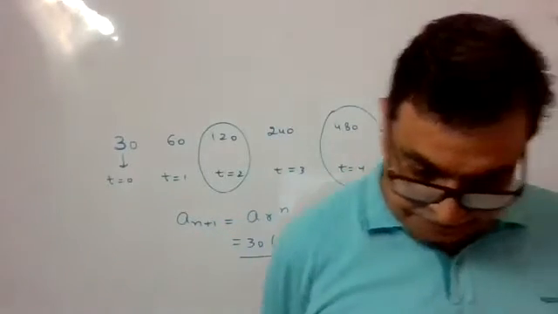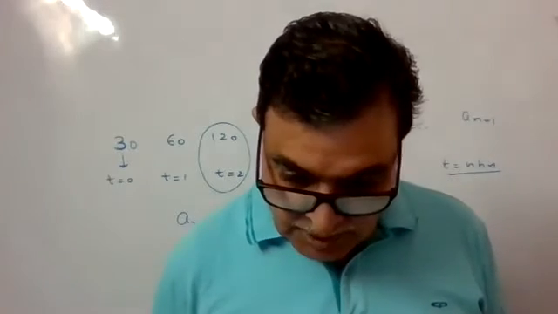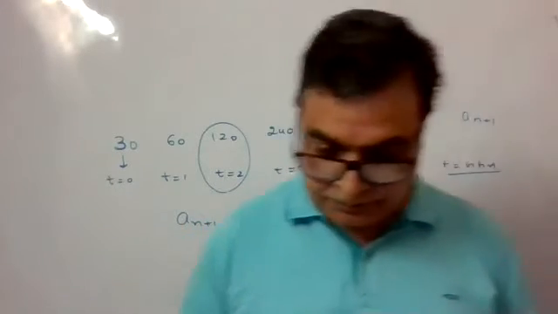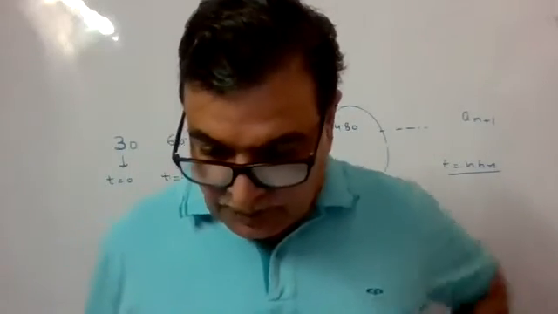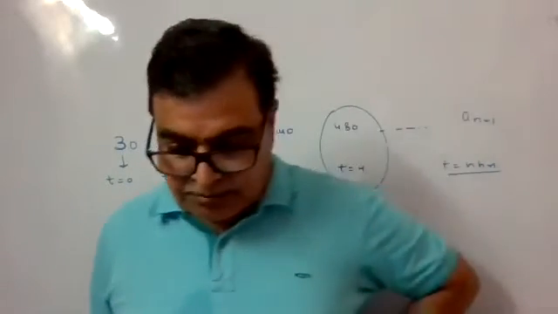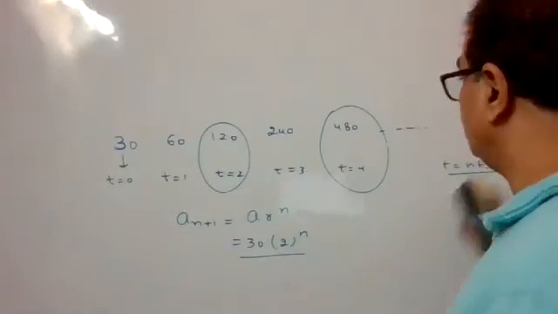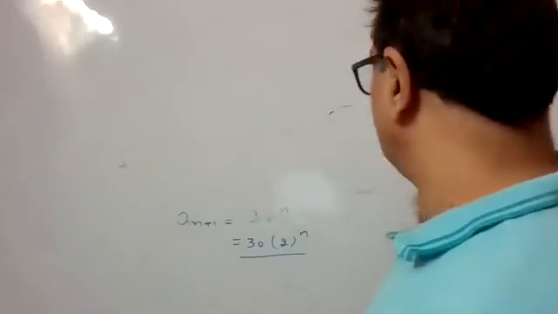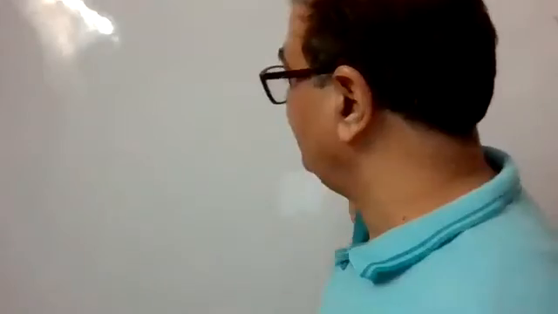Next question, please. In a GP, the first term and the last term are a and b respectively, and P is the product of these n terms.